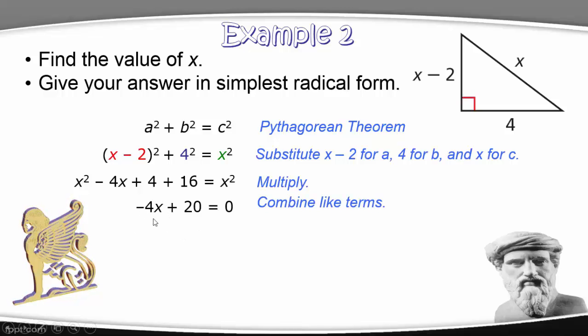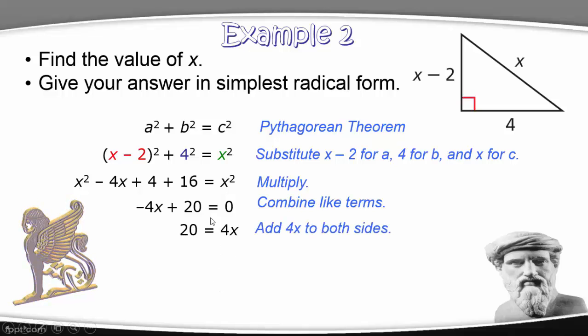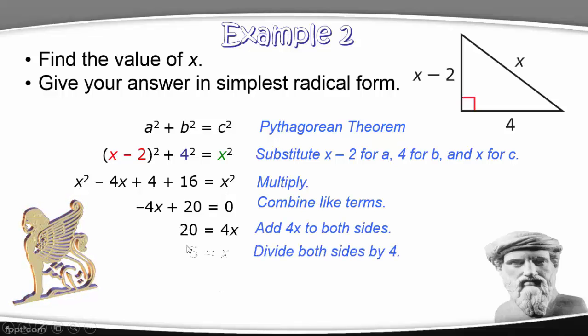So we're just left with negative 4x, and then 4 plus 16 is 20, and the x squared terms cancel out, and then we end up solving for x, and there we get x is equal to 5.